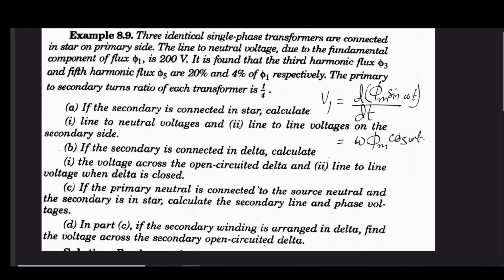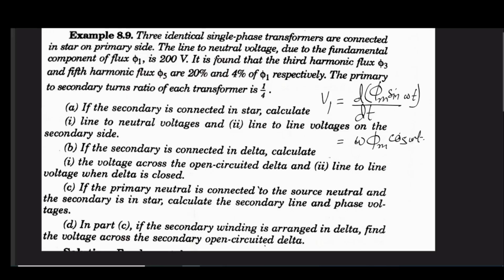So in case your third harmonic flux is 20%, the voltage will be 3 times 20% of your primary side voltage. We are assuming a linear relationship, although the total circuit is non-linear, and that is what caused this kind of harmonics, but we are assuming the proportional relationship is still valid between the fundamental and its voltage, then the third harmonic and its voltage.